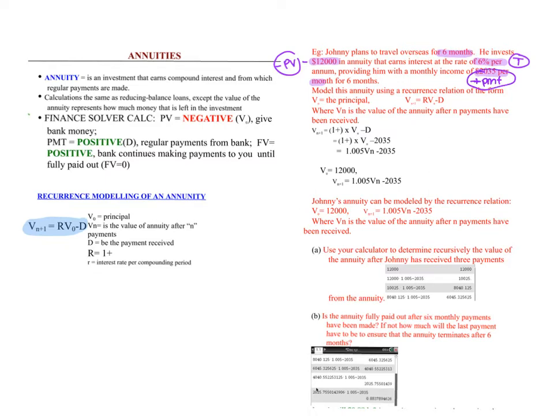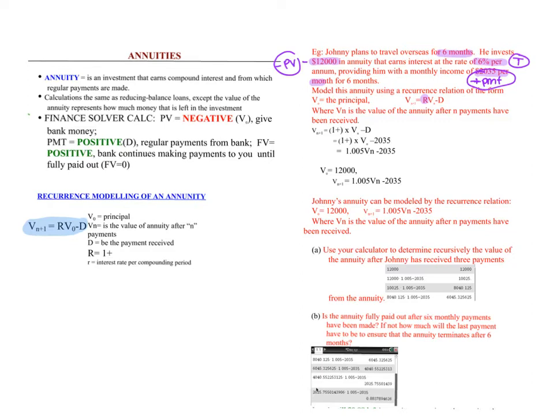It says to model this annuity, you can set up the recurrence relation where VN is the value of the annuity after N payments. Because this is a monthly formula, we need to work out this R value here as a month.